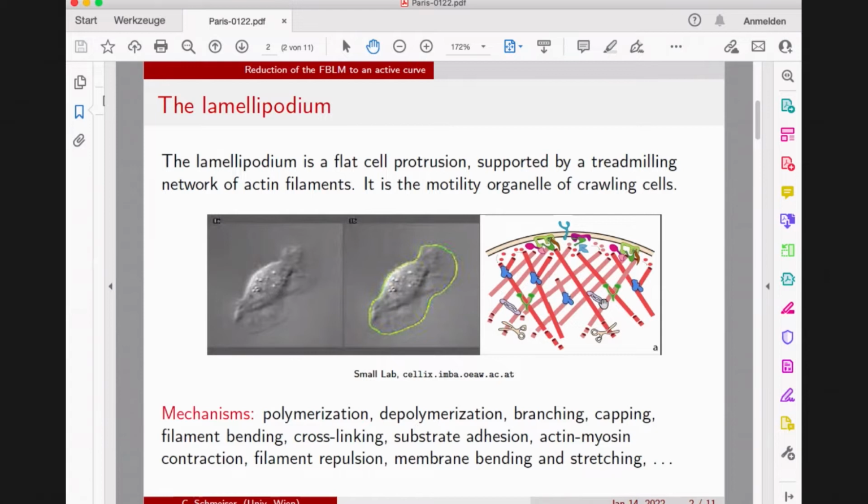So what actually happens is that typically these filaments keep polymerizing, and they do that close to the outer edge. So this edge here corresponds to the yellow line in the picture. There is a whole complicated protein machinery which does lots of things, and these proteins sit on the cell membrane.